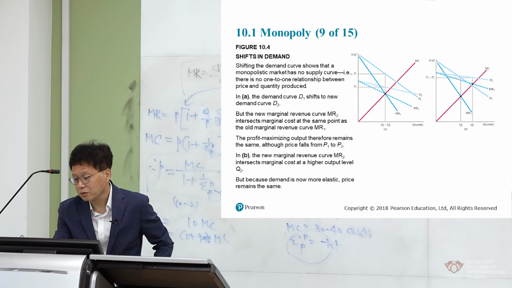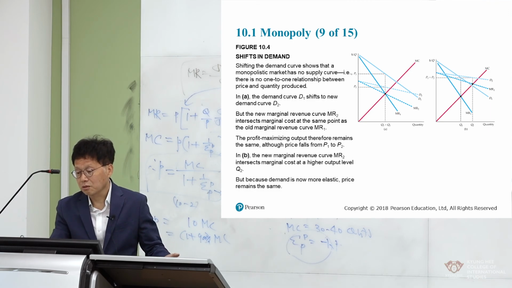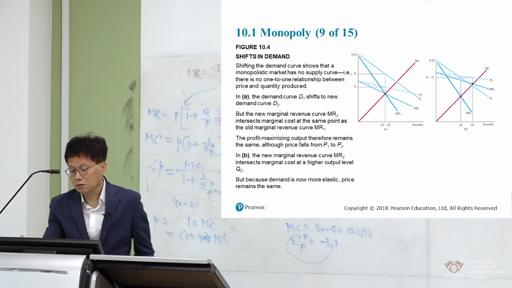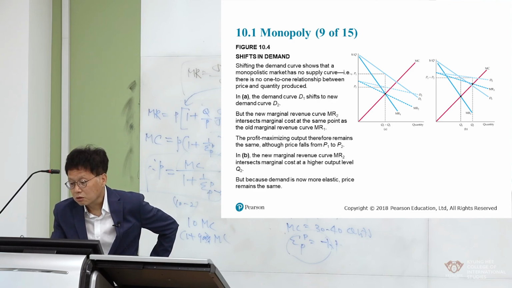And the next example has marginal cost just different. Originally, D1, MR1, so MR1 equals MC and price is P1. But now D2, MR2, so MR2 is equal to MC.